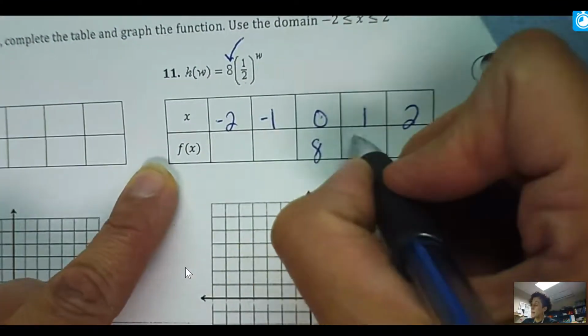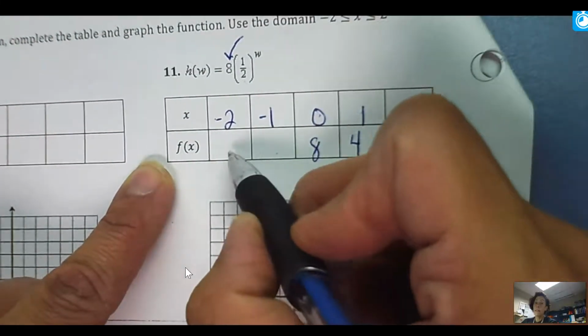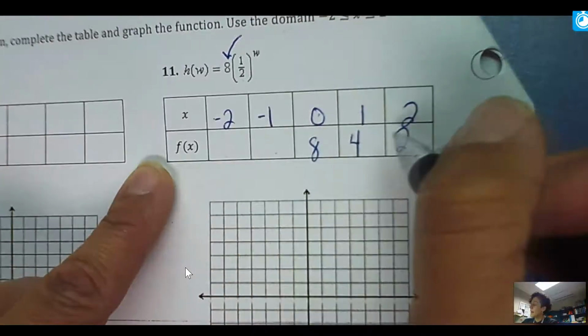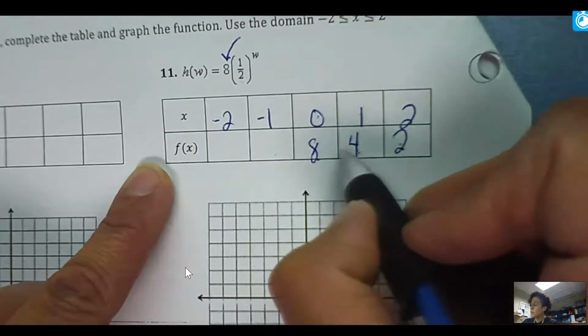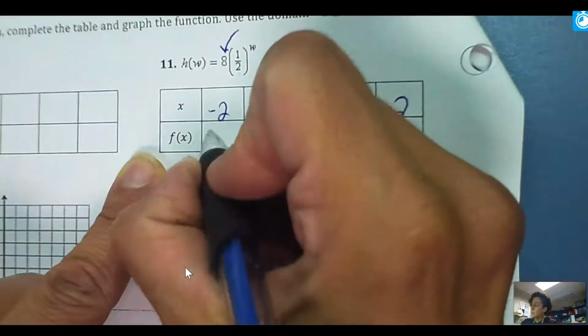So 8 times a half is 4, 4 times a half is 2. And when I fill in these numbers, I could ask myself, what do I take half of to get to 8? But I could also realize if I'm kind of dividing by 2 this way, then I multiply by 2 this way, and 8 times 2 is 16, and 16 times 2 is 32.